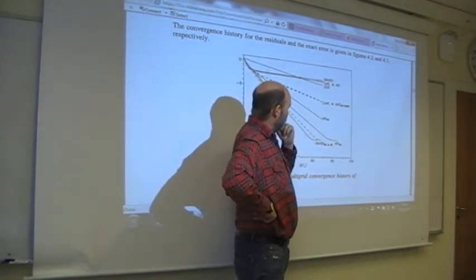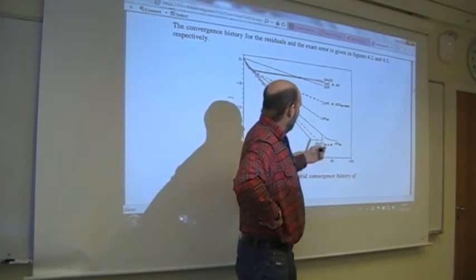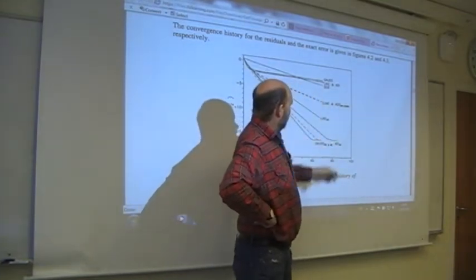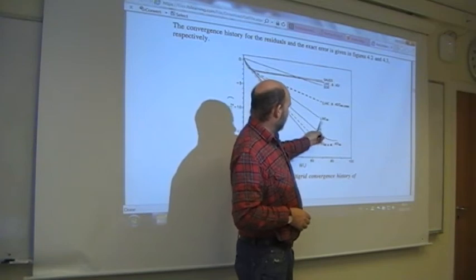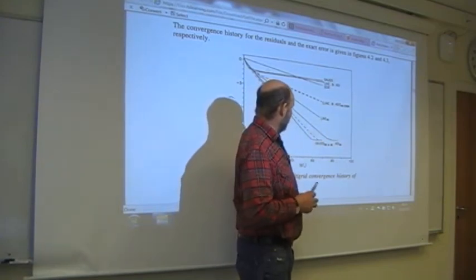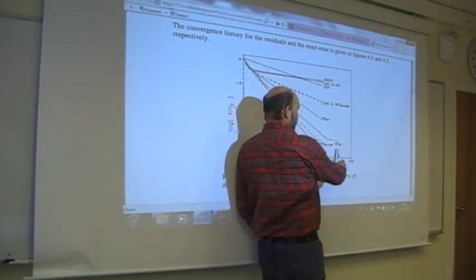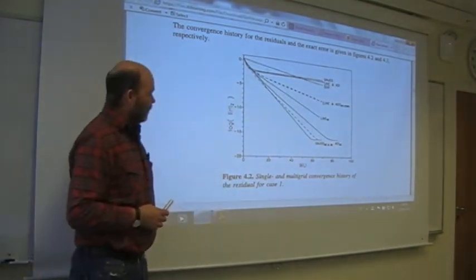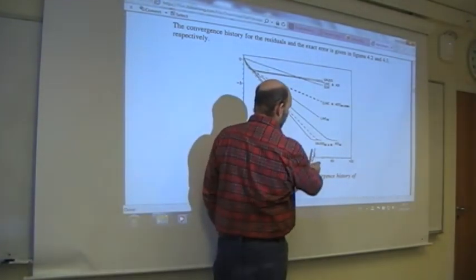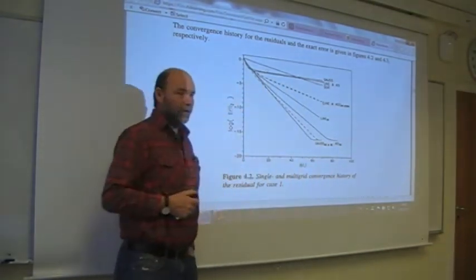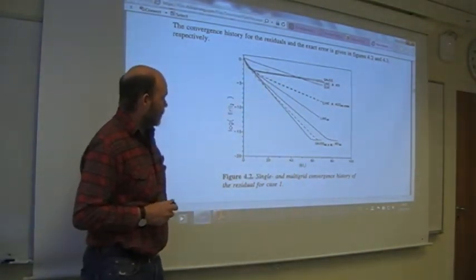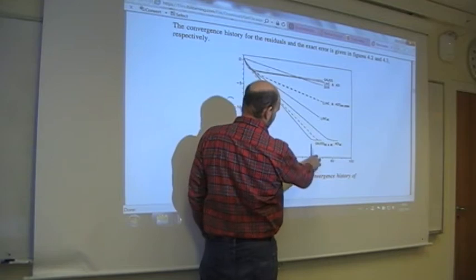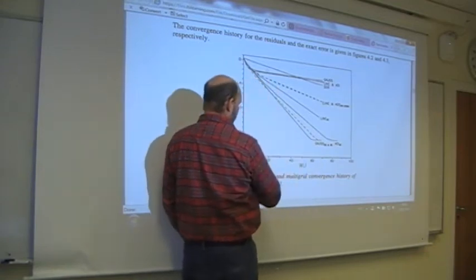You have the Zebra patterns with line and ADI, that's the best one. A pure line, very efficient indeed. The alternating direction implicit without the Zebra pattern, very efficient. And the best one, just pure Gauss point iteration actually, very efficient indeed. So with 60 work units, you are down to machine accuracy.